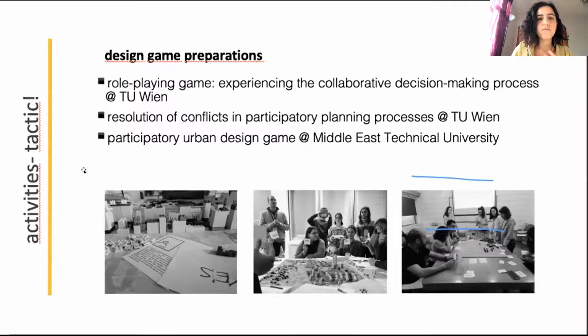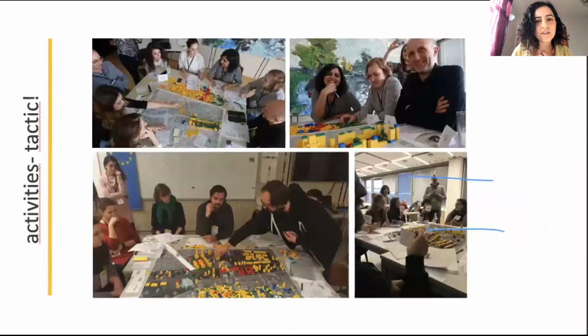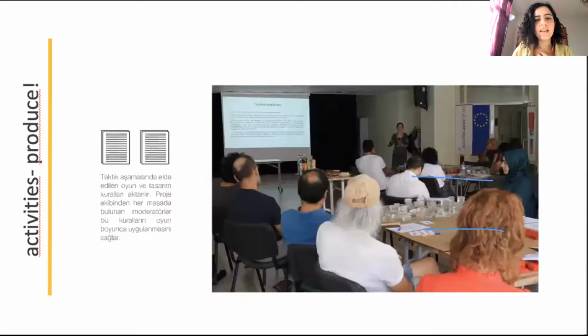What kind of new rule do you suggest? So in each workshop, we tried to prepare our design game in a better way. Here are some pictures from these preparatory workshops in Vienna and in Ankara.